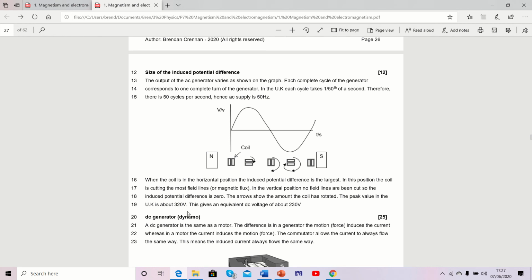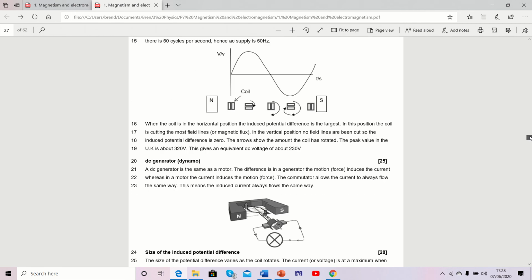The maximum height here is about 320 volts. If that was averaged out, so it goes from 0 up to 320, that is the same as a direct current, or voltage staying stationary at 230 volts, which is the mains supply in the UK.